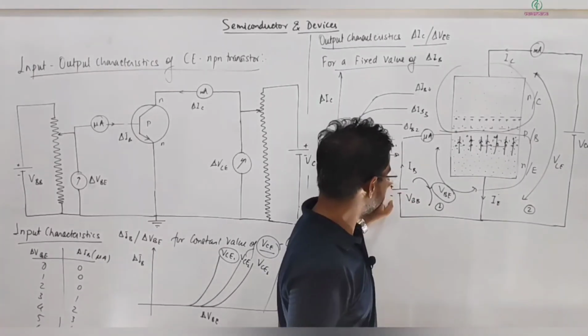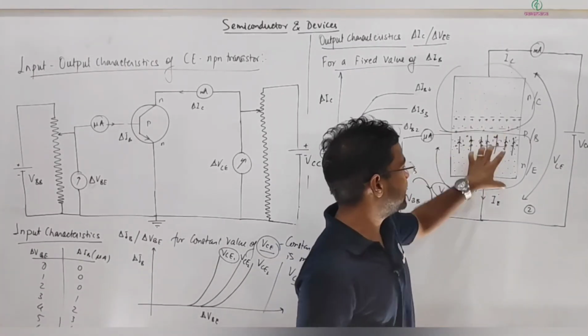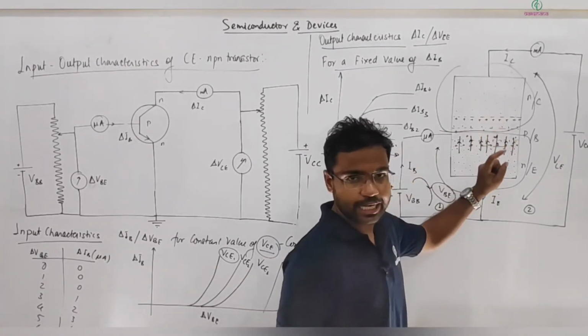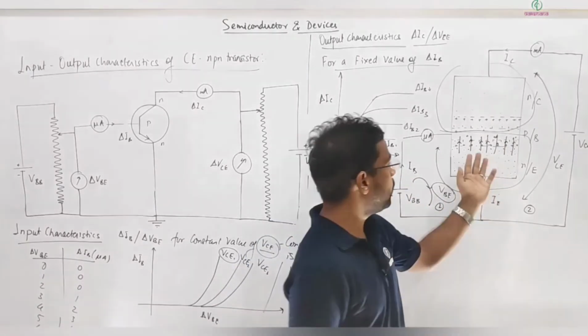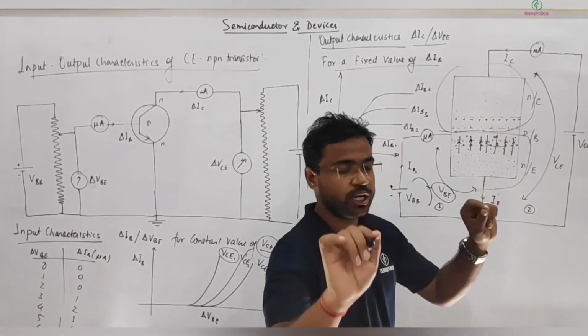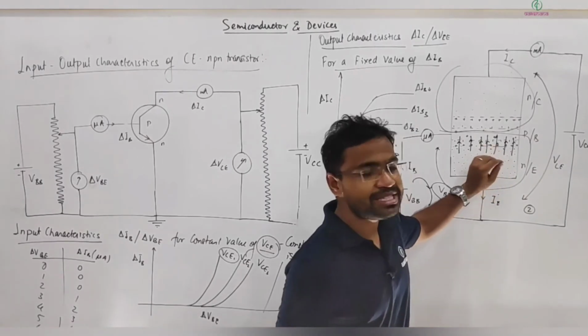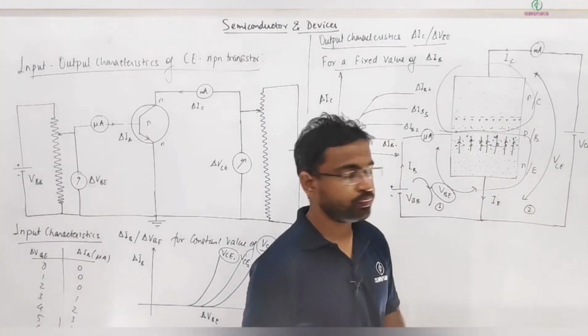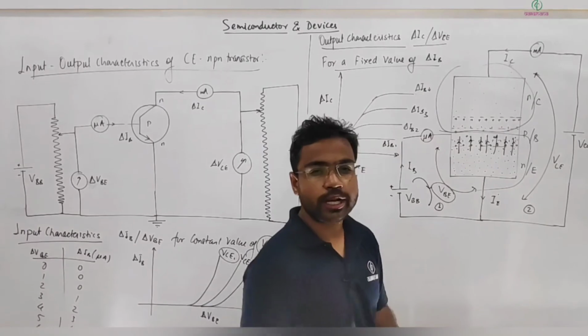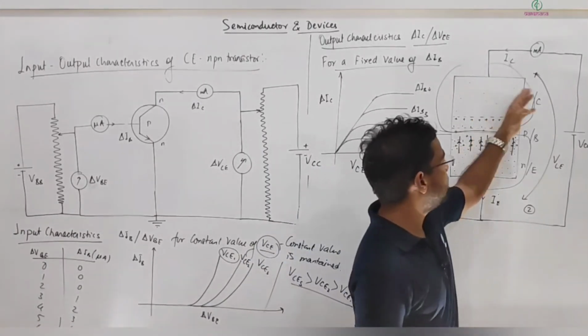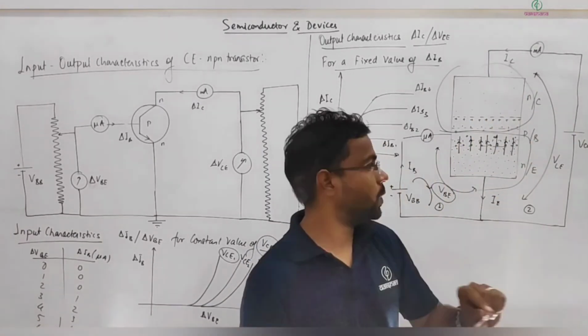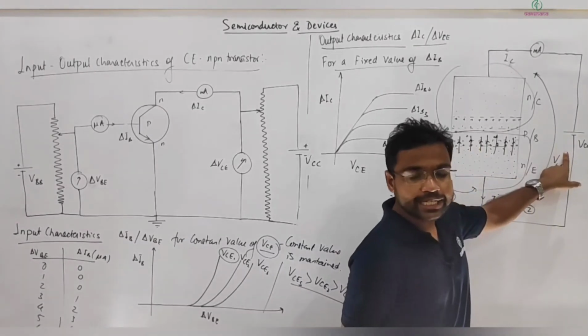But if we are increasing this, then definitely more electrons will be passing towards the base side. Try to understand it. Let's say 10 electrons are passing, and here 2 electrons combine in the base side, and then 8 pass towards this side. Now, if I am decreasing it, what will happen?